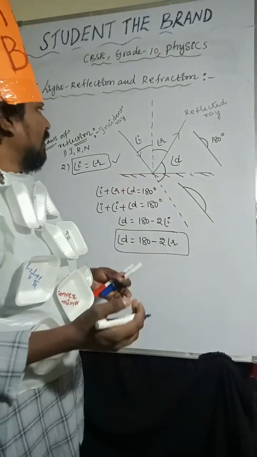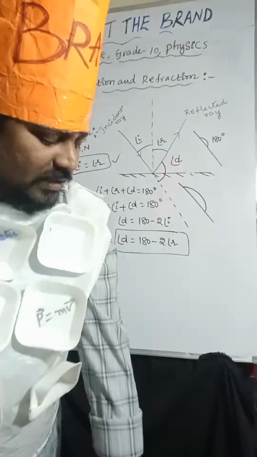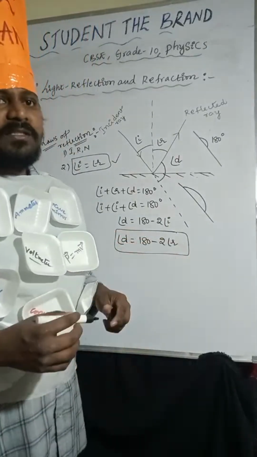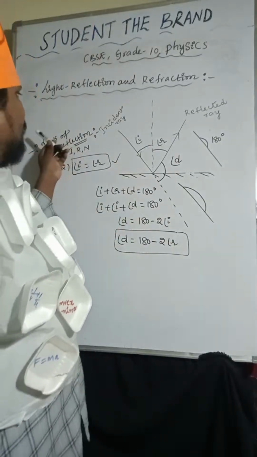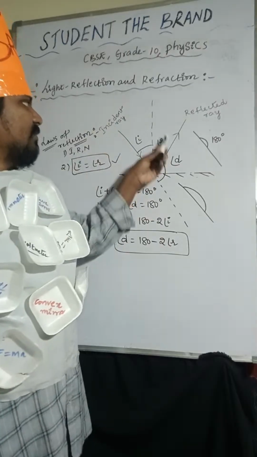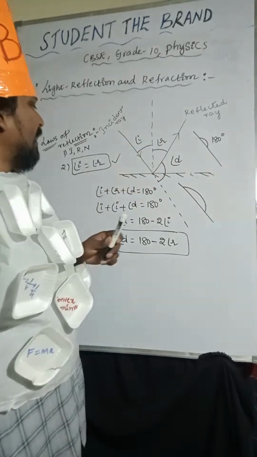Sir, how did you take it like that? Here you wrote angle of incidence, and in the second step you have written angle of reflection. How is it possible? We discussed from the laws of reflection that the incident ray, reflected ray and normal line lie on the same plane, and the angle of incidence is equal to the angle of reflection.